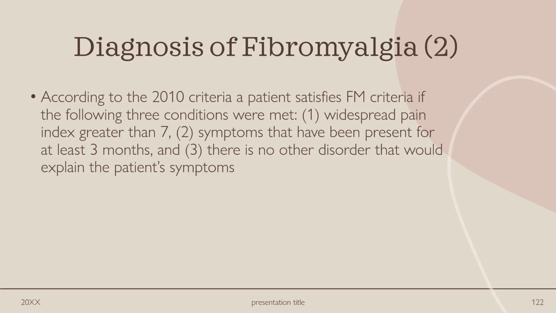According to the 2010 criteria, a patient satisfies FM criteria if the following three conditions were met: widespread pain with an index greater than 7, symptoms that have been present for at least 3 months, and there is no other disorder that would explain the patient's symptoms.